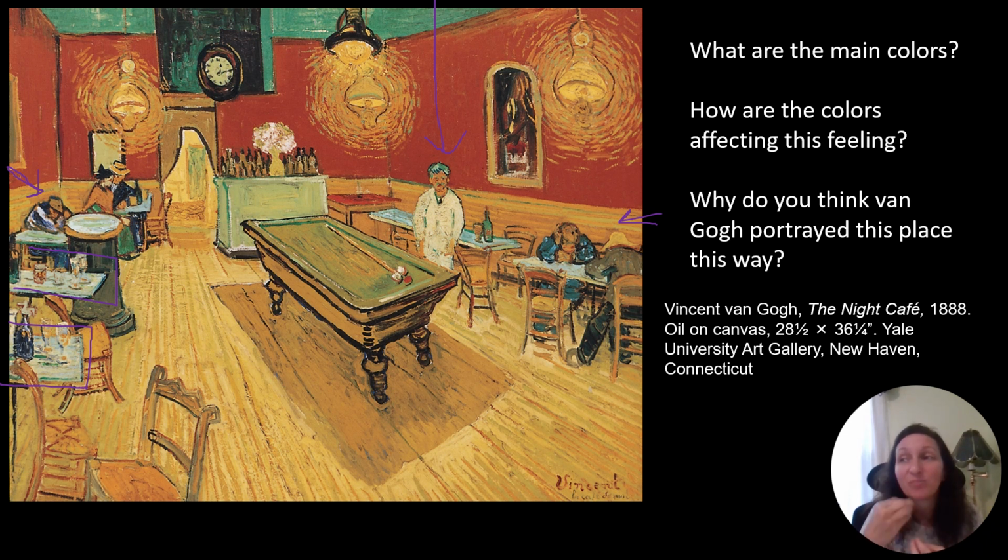So it is actually by design that Vincent van Gogh painted this way. And he did so because he wanted to portray this as a place that makes people sick. He wanted sickly yellows and sickly greens and this kind of blood red bile-y color on the wall, right? And it's because he wanted you to not want to go there and not want to be there.